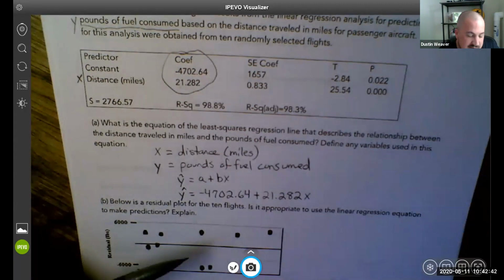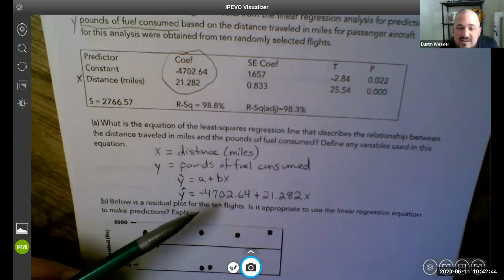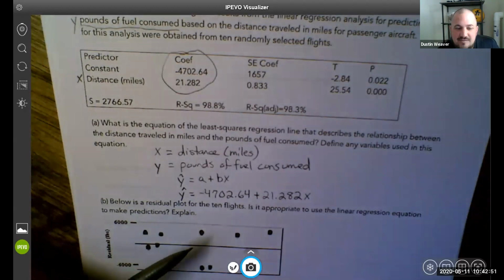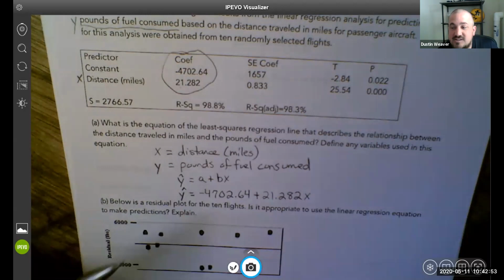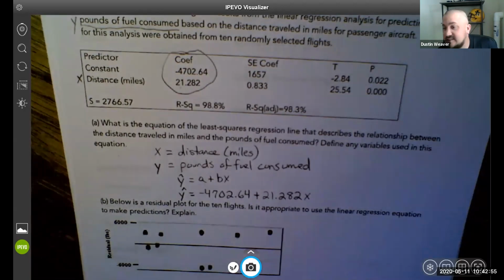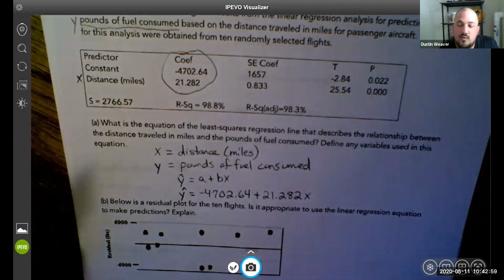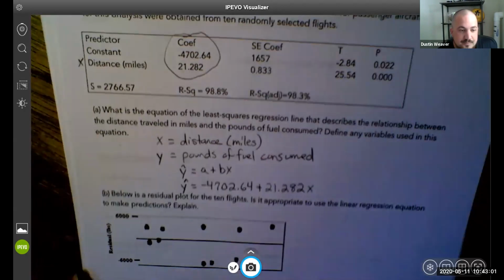Or, well, you don't need it to be able to get B, but if it was asking you about a specific residual, you would need it. In that case, if you calculated the wrong equation and then it asked you about a specific residual, but you did the second part right, you can still get credit for the second part even though you had the wrong equation. Okay, so let's go to B.